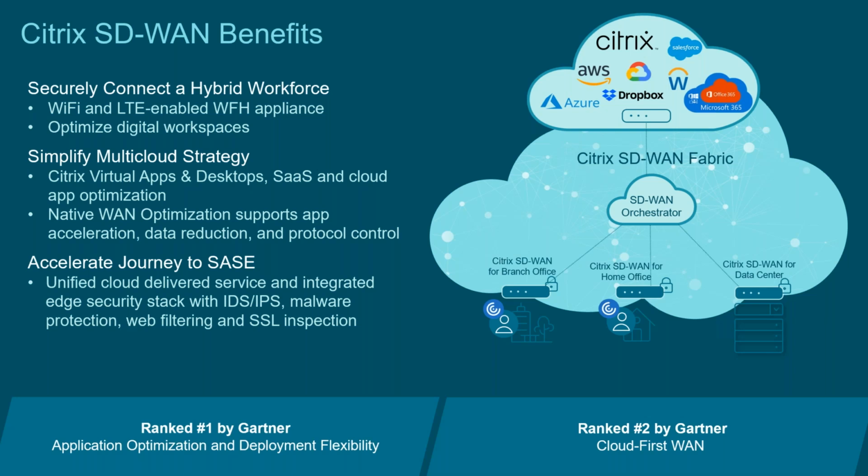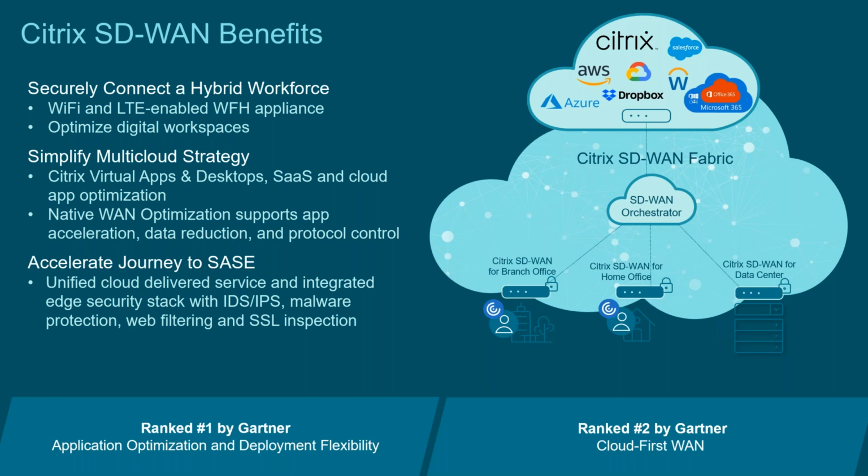On that regard, we got some favorable reviews from Gartner, which ranked us number 1 in terms of application optimization and ease of deployment. And you can have the SD-WAN deployed in all three major clouds: AWS, Azure, GCP, and in data centers and at home.